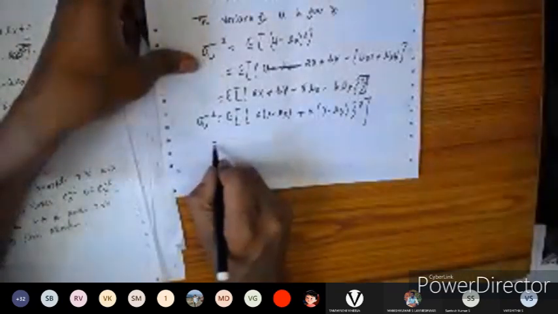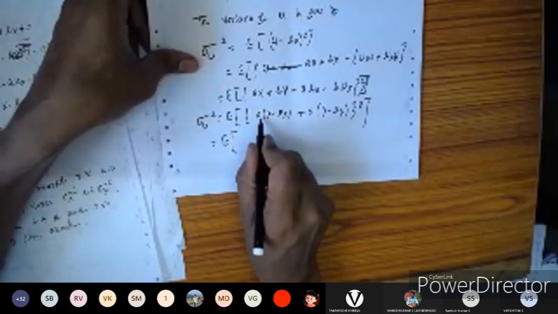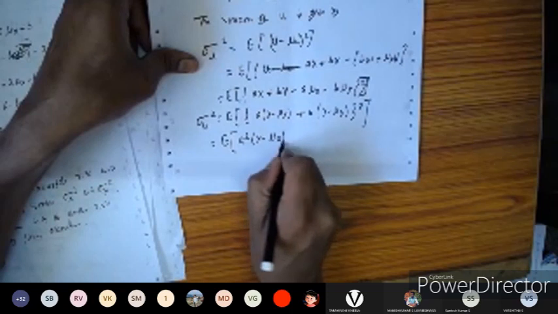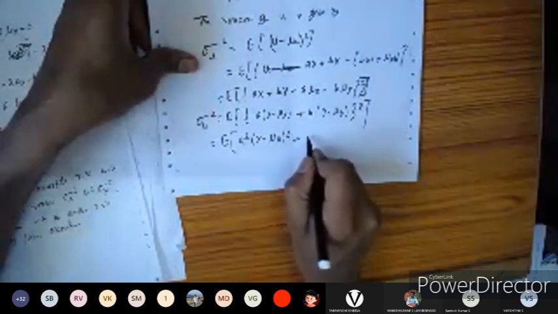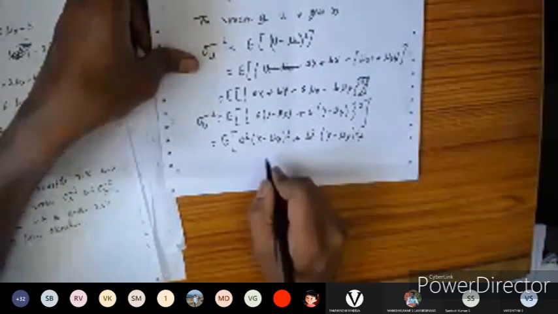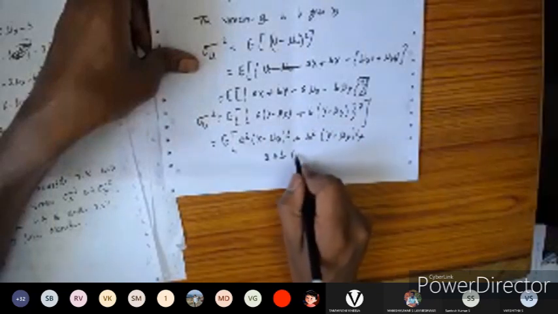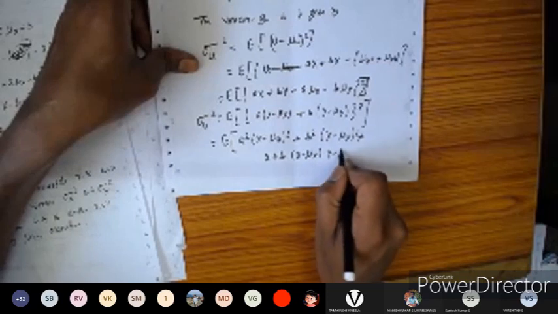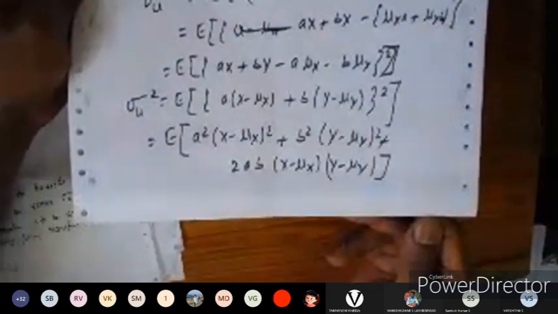The first term is a square into x minus mu x the whole square, plus b square into y minus mu y the whole square, plus 2ab, that is 2a into b into x minus mu x into y minus mu y.